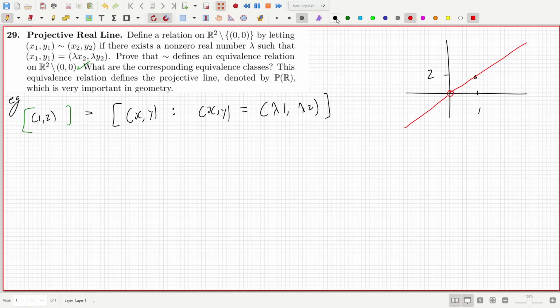Yeah, I think that's what it looks like: all points on the line through (0, 0) and (1, 2).